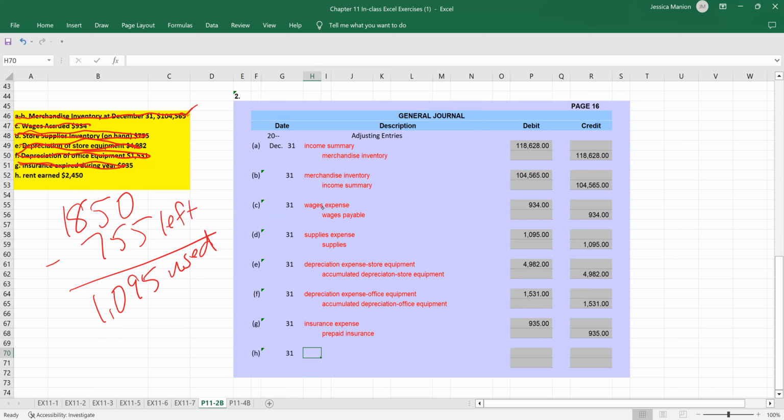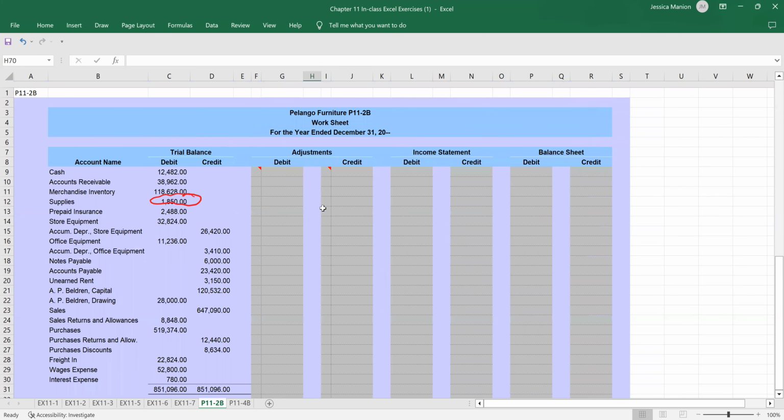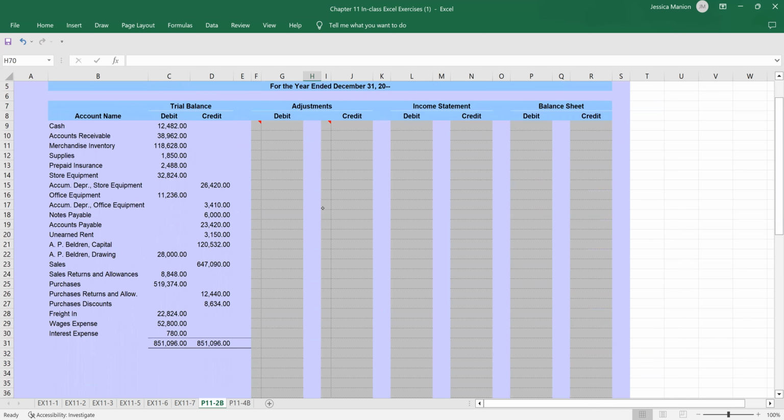And then lastly, rent earned 2,450. So if we scroll up here, we've got this unearned rent here, 3,150, right? And so apparently, these tenants, the people renting from us, paid us rent in advance. Well, now they've occupied the space. And so we have earned some of that, right? We saw an example of this together in class on Wednesday.